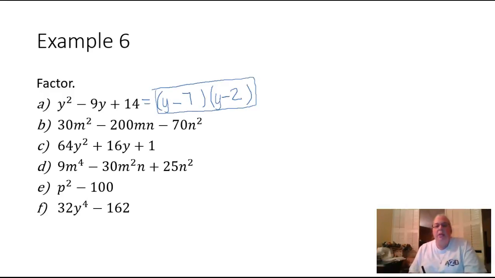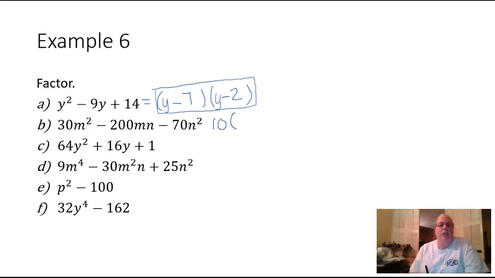In part B, the first thing I notice is that all of my numbers end in 0. That means that these terms are all divisible by 10. So the first rule of factoring is to pull out the greatest common factor if there is one. So I'm going to bring out a 10, and they don't have anything else in common because I've got m squared here, an m and an n here, and an n squared there.